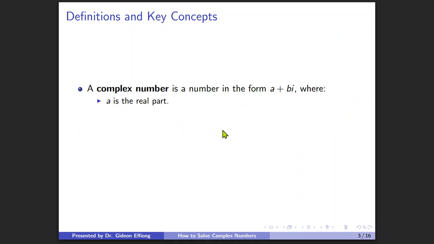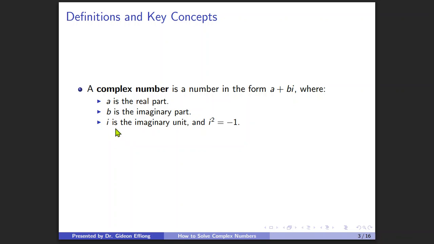So, what is a complex number? A complex number is a number in the form a plus bi, where a is the real part and b is the imaginary part, and i is the imaginary unit, and i squared equals minus 1.